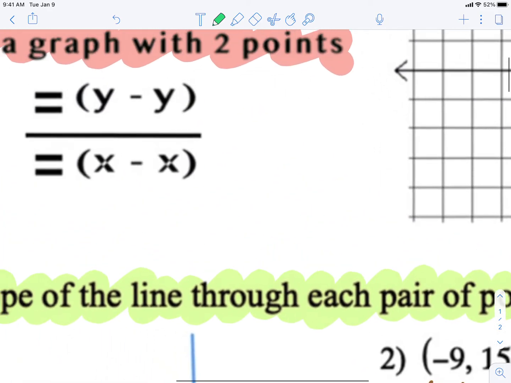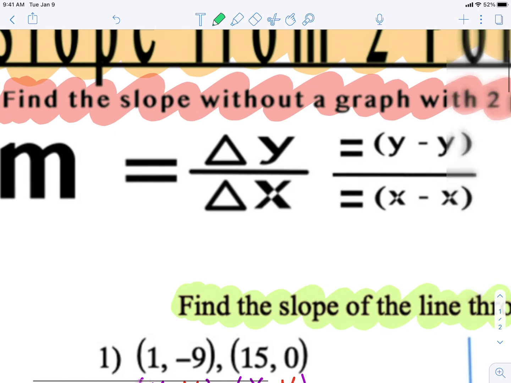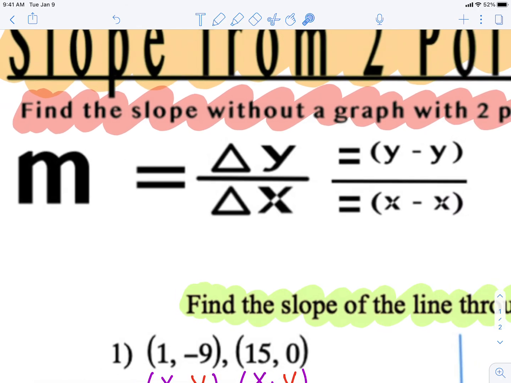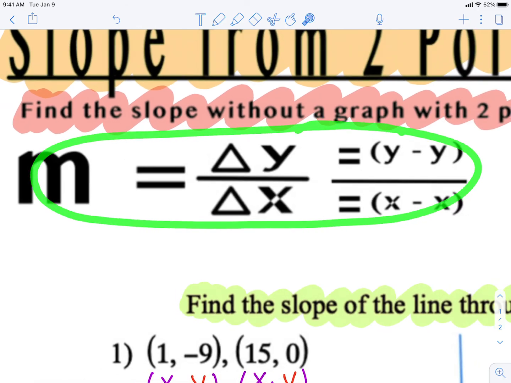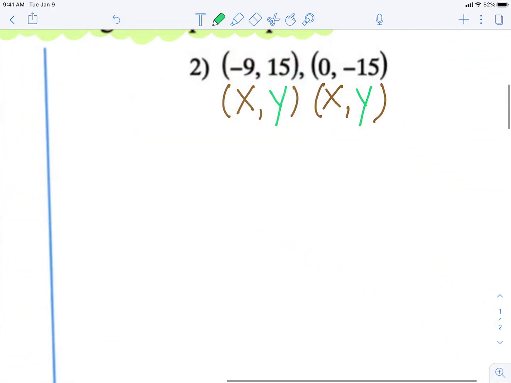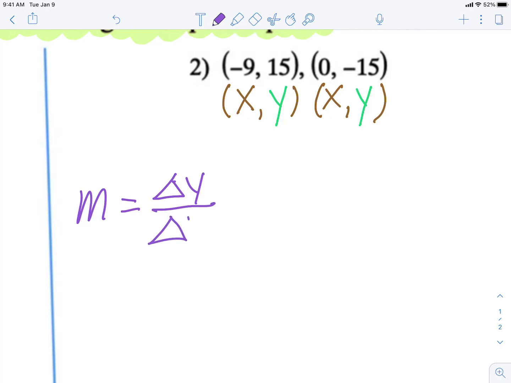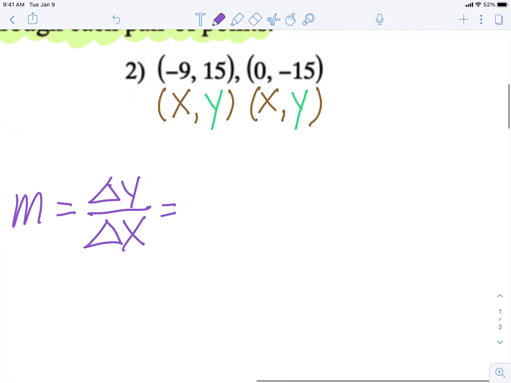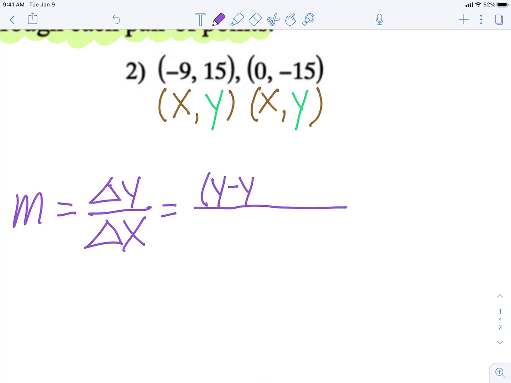And I'm going to use my slope formula, which is right here. So m is equal to delta y over delta x, which is equal to, let's draw a long line, y minus y first.